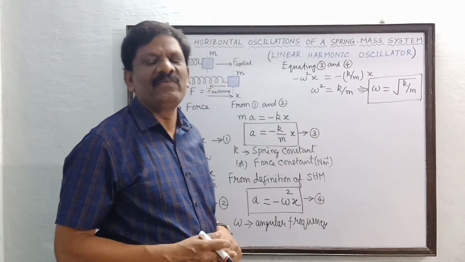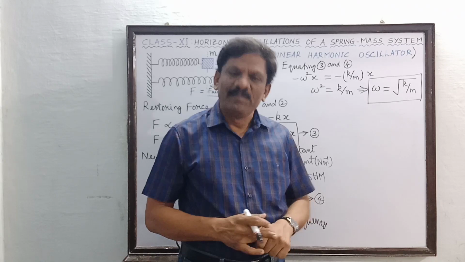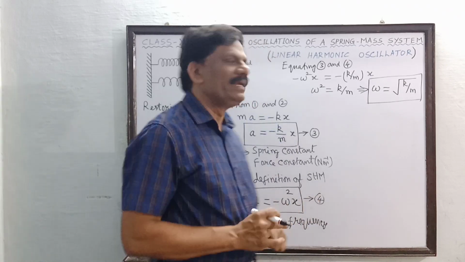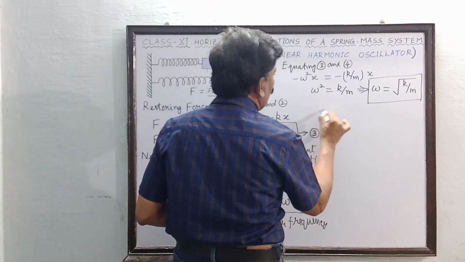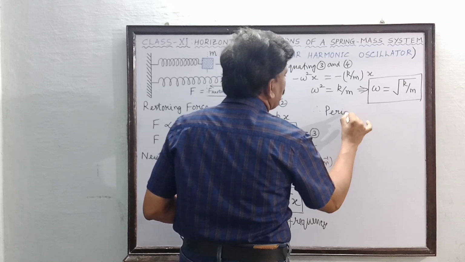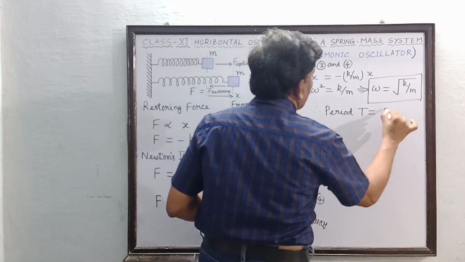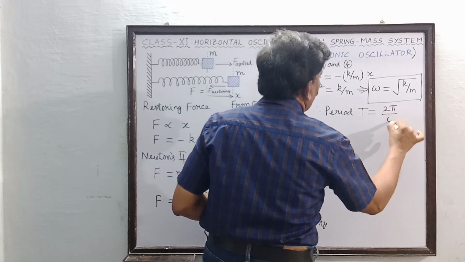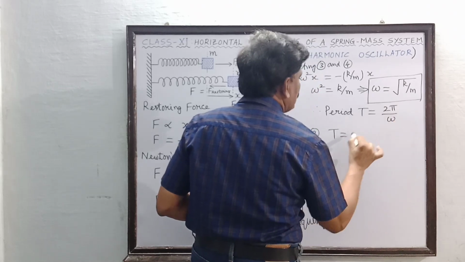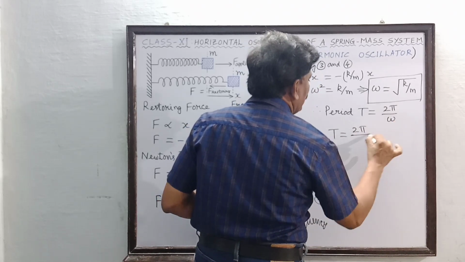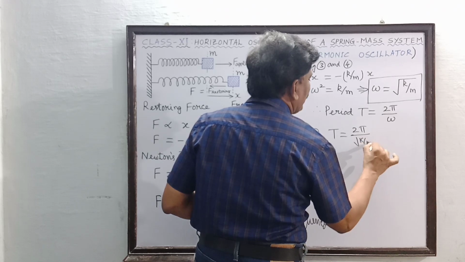Now the next step, we are going to derive an expression for the period of oscillation. Therefore the period T is equal to 2 pi by omega. So this is equal to 2 pi divided by square root of k by m.